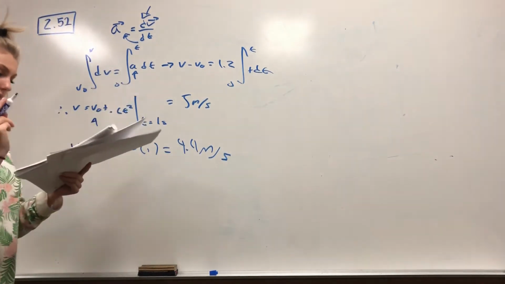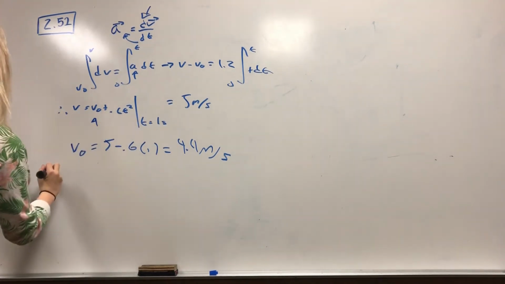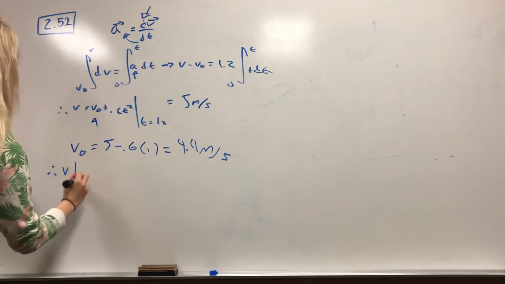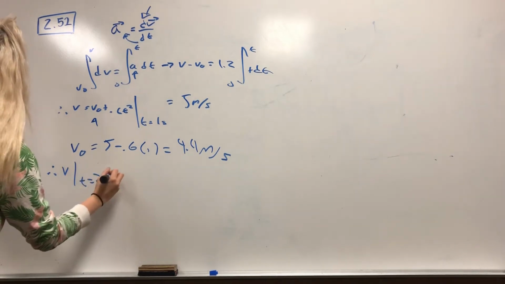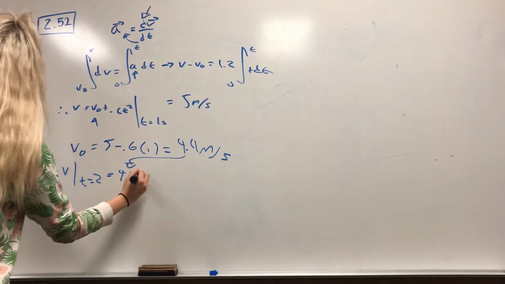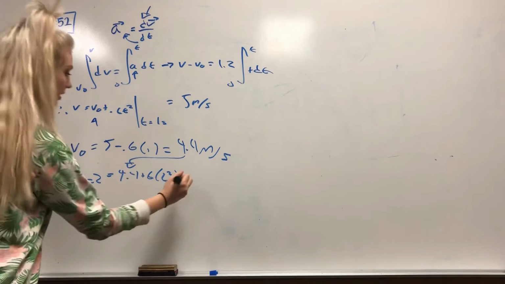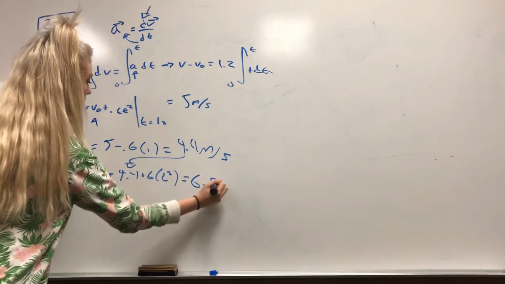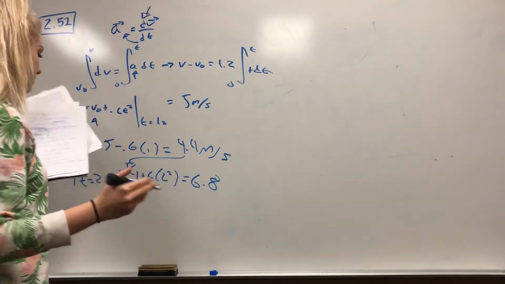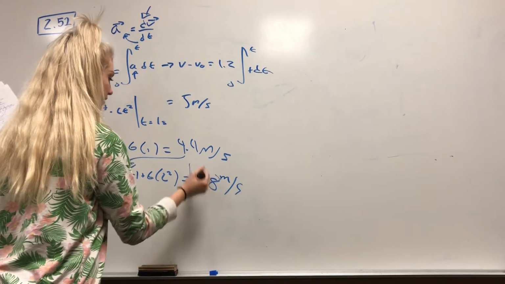Therefore we can conclude that v at t equals 2 is equal to 4.4 plus 0.6 times 2 squared, and that gives us an overall velocity of 6.8 meters per second.